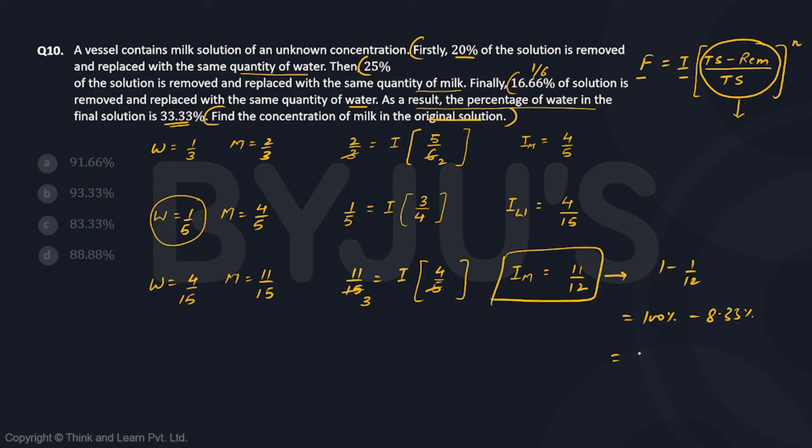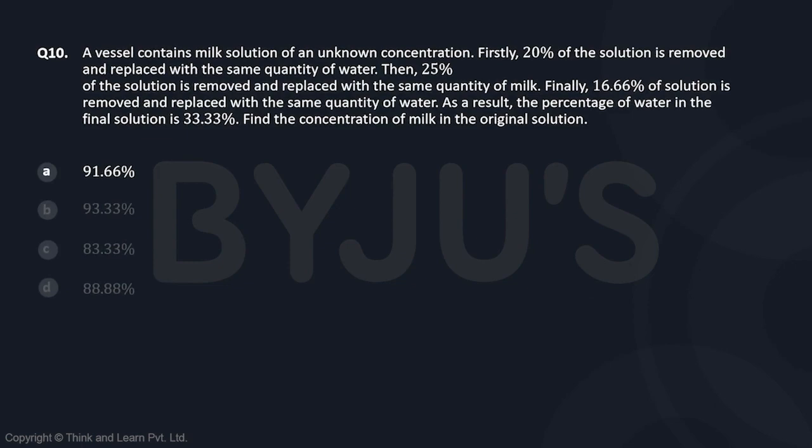So the initial concentration of milk in the original solution will be equal to 91.66 or 91.67 percent. Now you can check among the options. Option A is the correct answer, that is 91.66 percent. Yes, it is the correct answer.